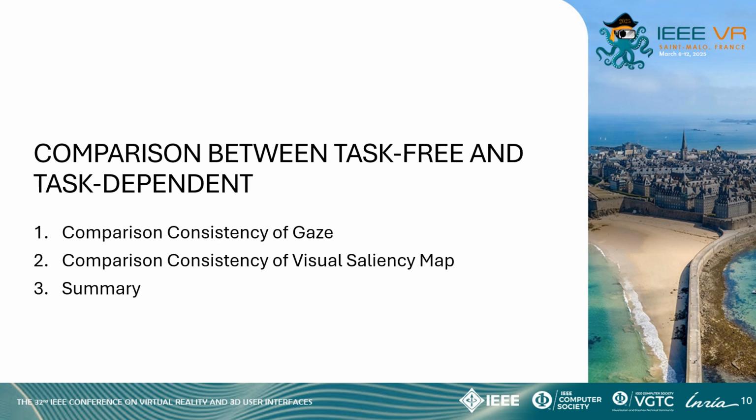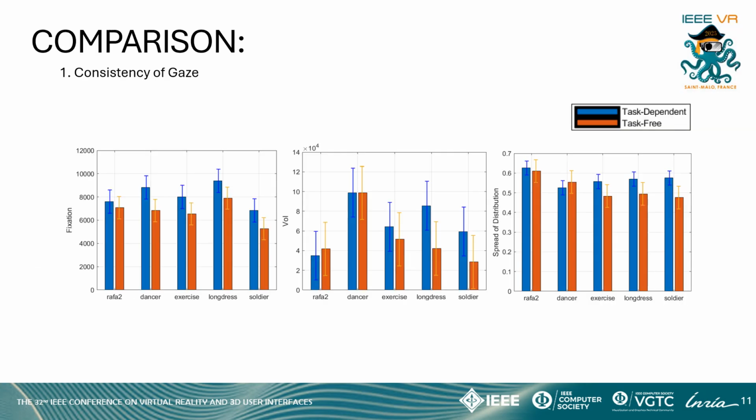We analyze the fixations, the volume of interest, meaning the volume of the area people focus on, and the spread of the distribution of all the salient areas. The conclusion is that people tend to have more fixations, more VOI, and more spread of distribution under the task-dependent scenario compared with task-free.